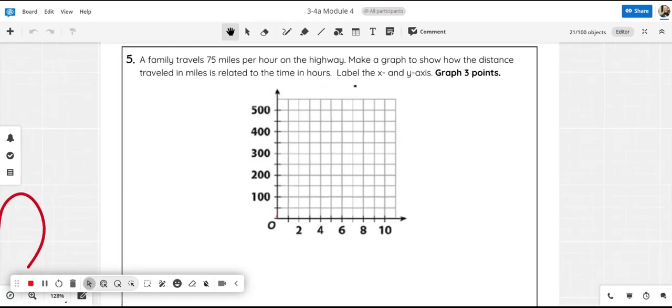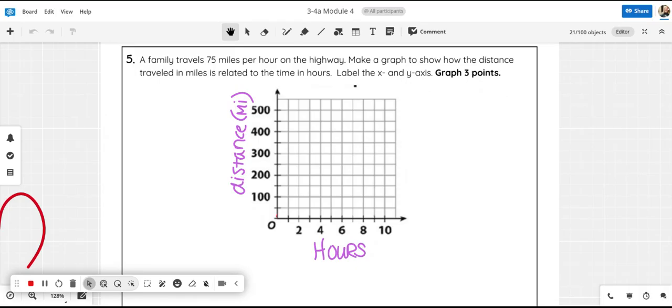Let's move on to number 5. A family travels 75 miles per hour on the highway. Make a graph to show the distance traveled in miles is related to the time in hours. All right, so I'm going to label the x and y axis. So my time is hours, and we have our distance in miles.